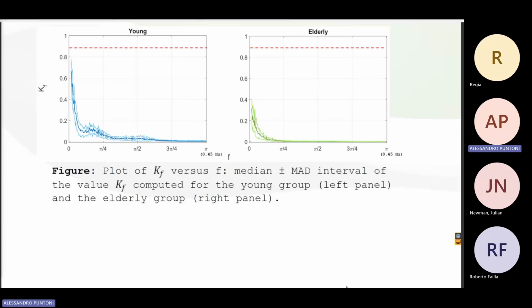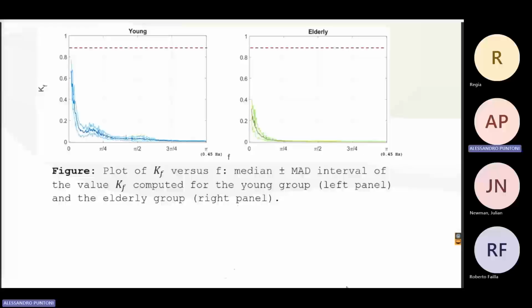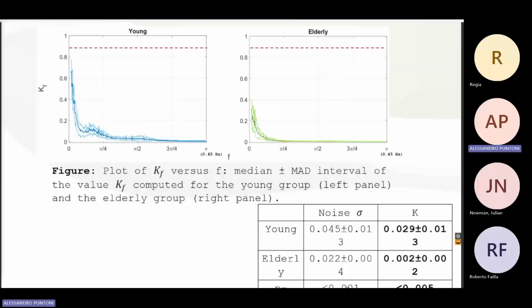For each value of f, K_f is below the threshold 0.9. And to be precise, the mean K value computed in the young group is equal to 0.029, and the mean K value computed in the elderly group is equal to 0.002.